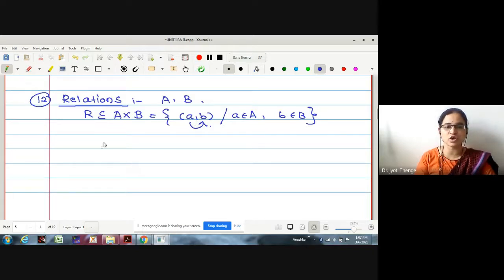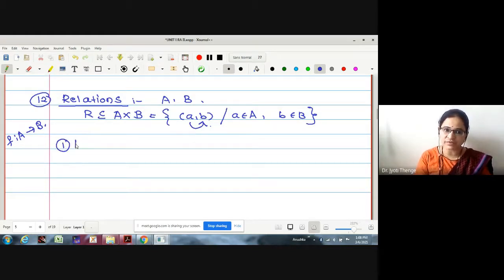Therefore every relation is not a function. For the relation to be a function, for every a there must be a unique element in B. Then it forms a function from A to B. Right? Now I want to discuss the properties of relations.